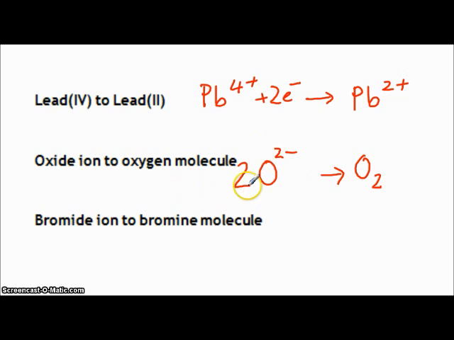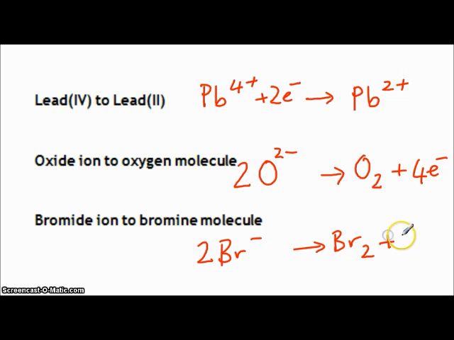We've got a charge of 4 minus on the left, 0 on the right, so we're going to need 4 electrons there to balance it. Then finally, the bromide ion, it's Br minus, bromine molecule, bromine again is diatomic, so it's Br2. So 2 atoms there, 1 ion there, so we need a 2 there to balance. That gives us 2 minus, so we need 2 electrons on that side.